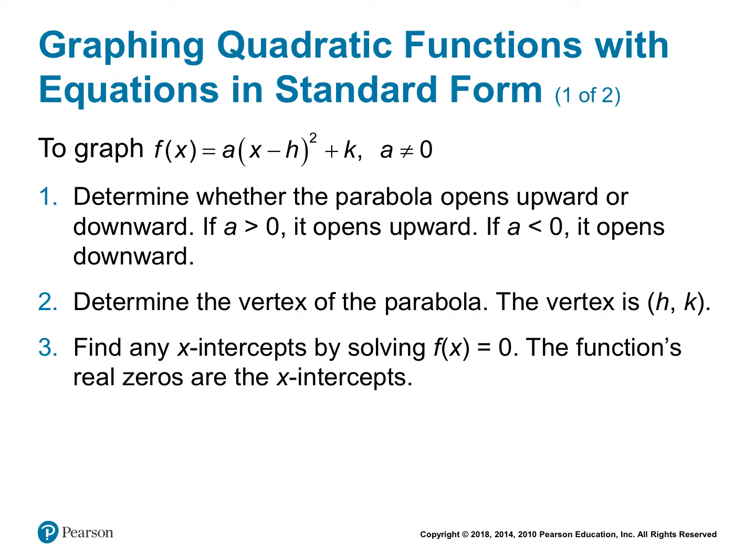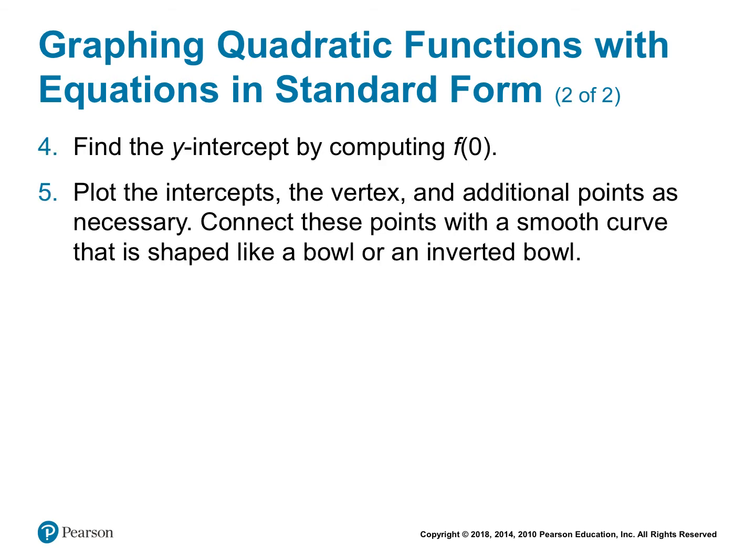And the function's real zeros are going to be the x-intercepts, so where it crosses the x-axis. Your fourth step is to find the y-intercept by solving f of 0. And then 5, you'll plot the x-intercepts and y-intercept, the vertex, and any additional points that are going to help you draw your curve. So again, the parabola should be a smooth curve shaped like a bowl or an upside down bowl.